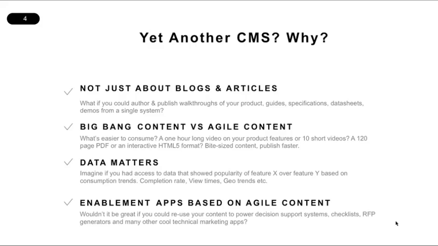If you had access to what features were actually trending... Historically, we've seen some evidence where people always thought that feature X was more important than feature Y, but market data based on just views, completion rates, and all of that could potentially show that feature Y is more important. View data, completion rates, view times, geo trends, all these help go a long way in building out the right set of content.